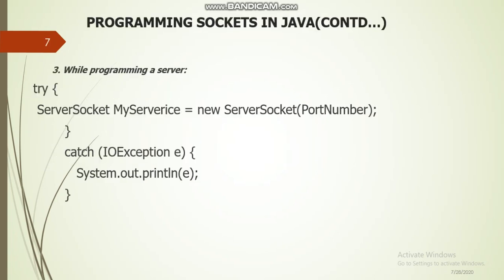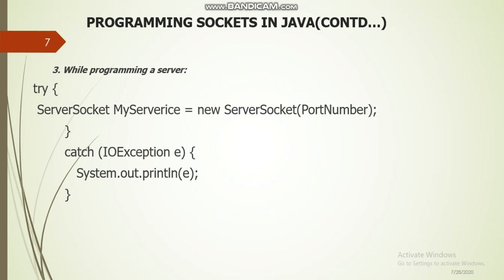When we are opening a socket at server side, we use ServerSocket, then we leave space, the server socket name, then new ServerSocket, then we only specify the port number. At server side, we specify only the port number.